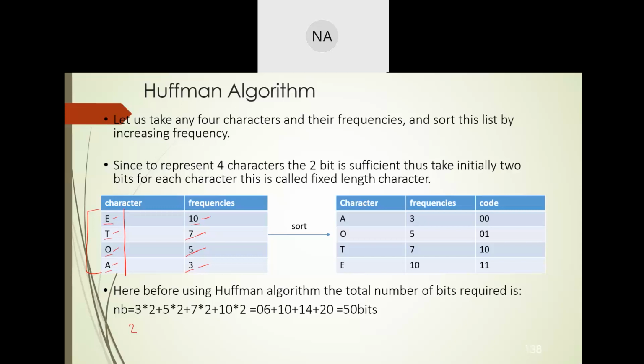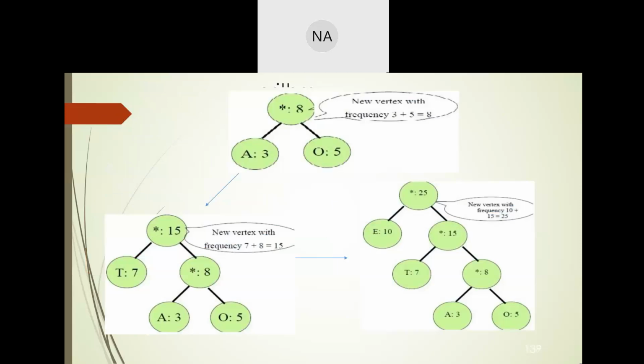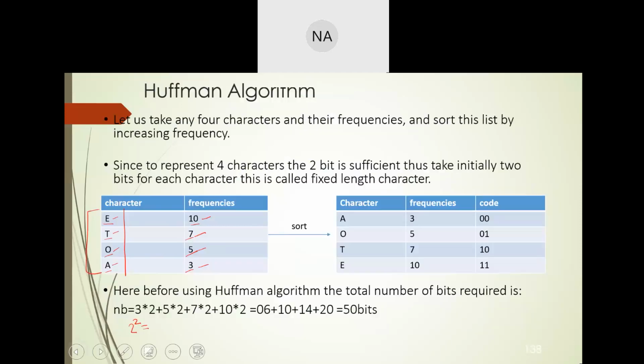Using 2 bits, you can find 4 different patterns, since 2 to the power 2 is 4. So using 2 bits, you can have 4 different patterns like this: 00, 01, 10, 11. So any character can be assigned any code of 2 bits.